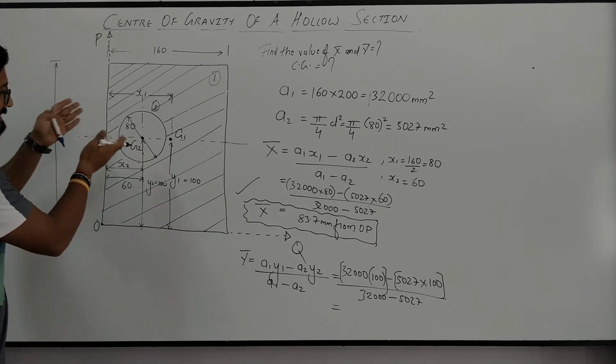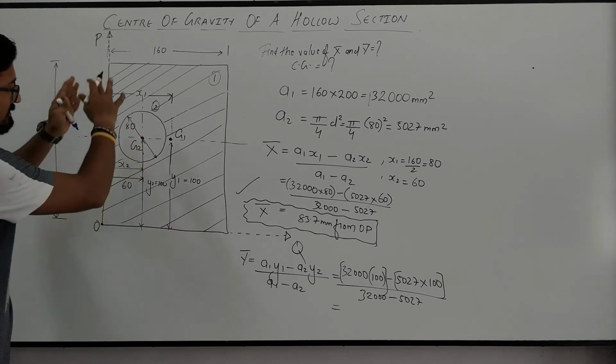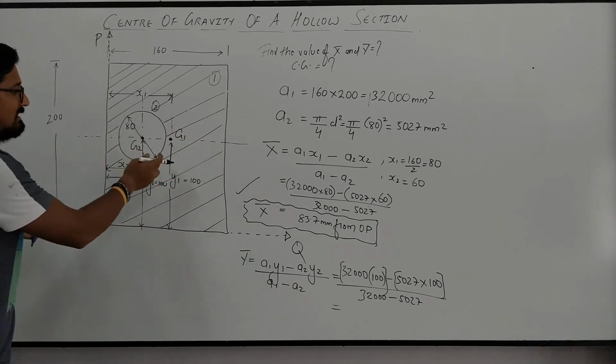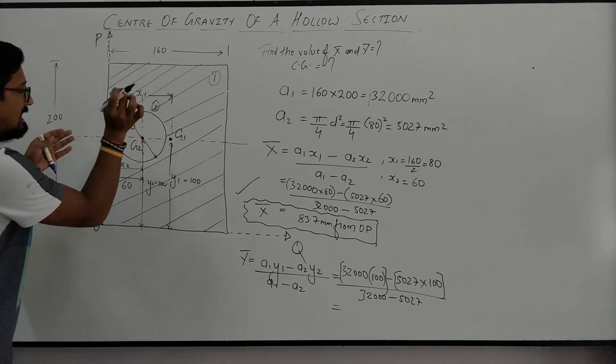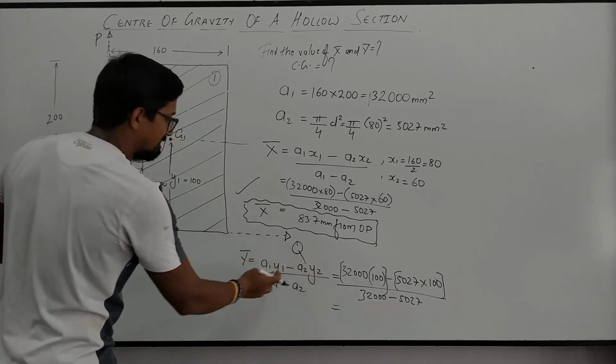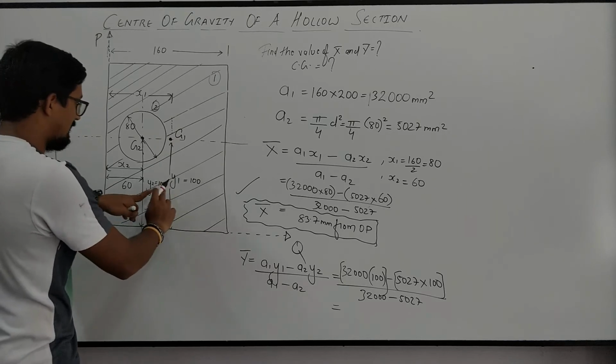Because if we see this diagram, this figure is symmetrical about the x-axis. That's why both CGs are lying on the same axis, and the values of y1 and y2 come out to be 100 and 100.